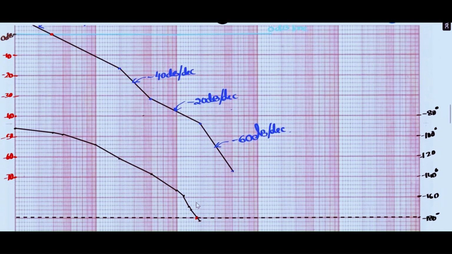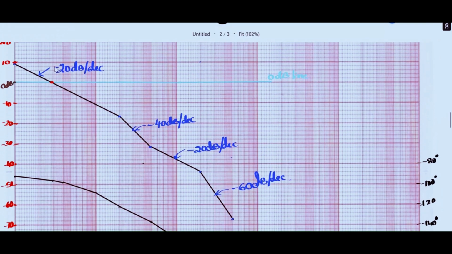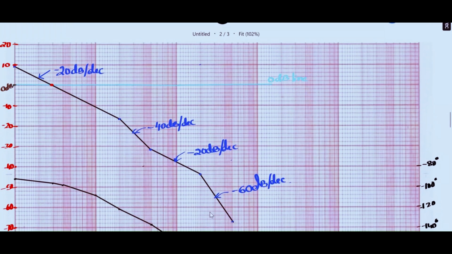Now we'll draw a vertical line for the 0 dB point and a vertical line for the minus 180 degree point.